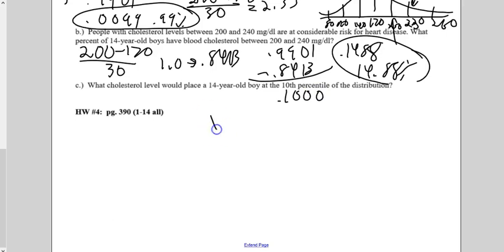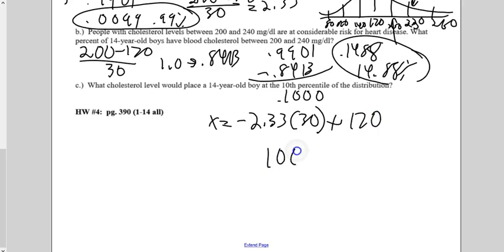So we're going to say x is equal to negative 2.33 times 30, sorry, I did this backwards, plus 170. And that is 100.1. Which, if you think about it, that makes sense. That would be right about there. Between -2 and -3. That's it.